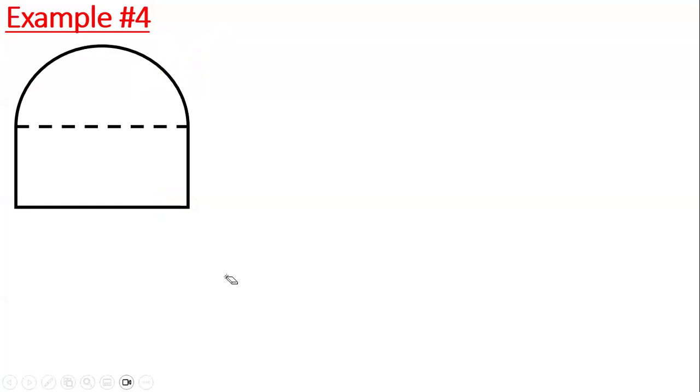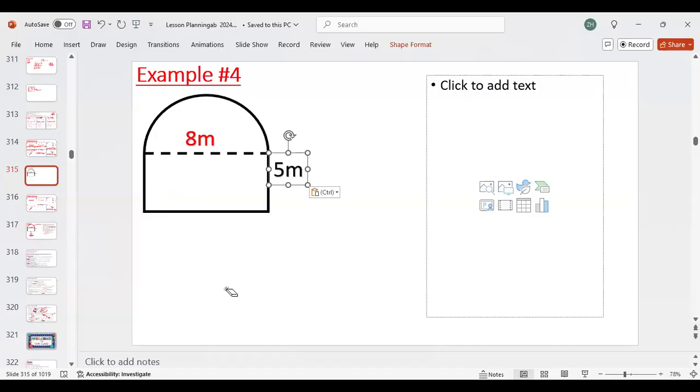Okay, moving right along, let this be 8 meters. And let's say that this is 5 centimeters, or no, 5 meters. When we say 8 meters, obviously we're referring to the whole length.